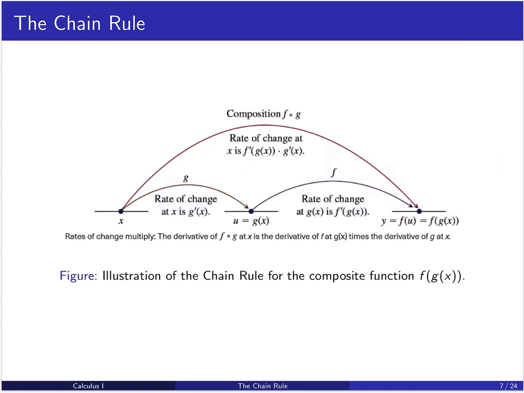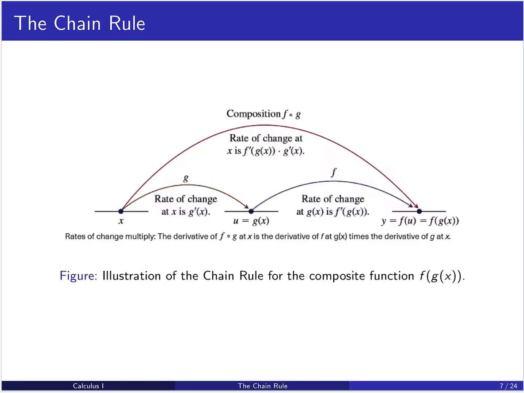And here is a picture that makes the chain rule completely concrete. Think of 3 stations connected in a line. x on the left, u which is equal to g(x) in the middle, y equals f(u) on the right. When x changes by a tiny amount, u changes at the rate g prime of x.